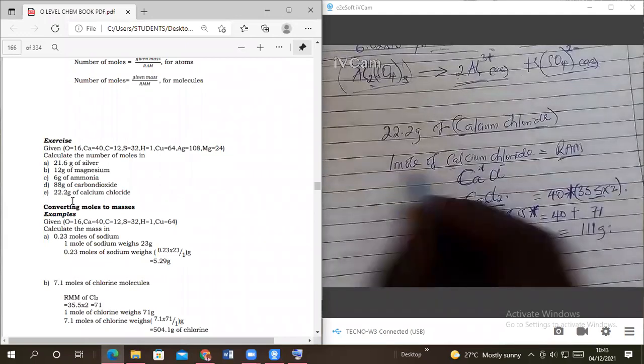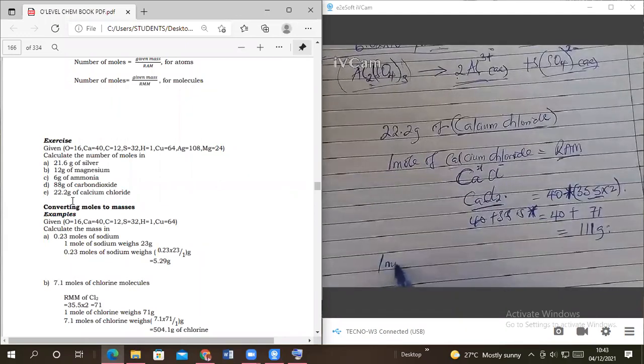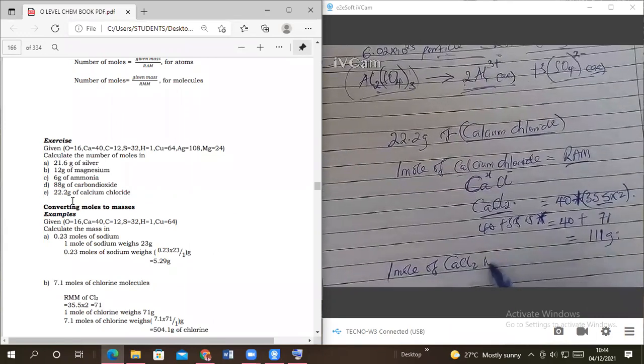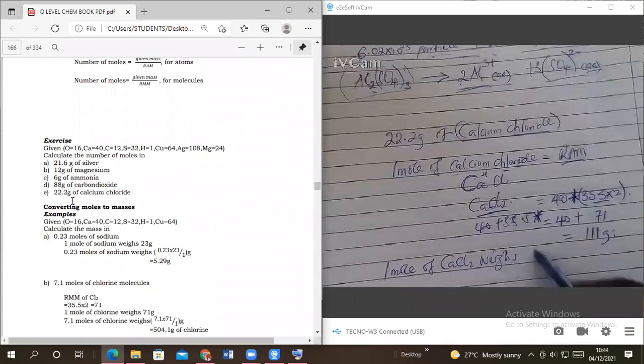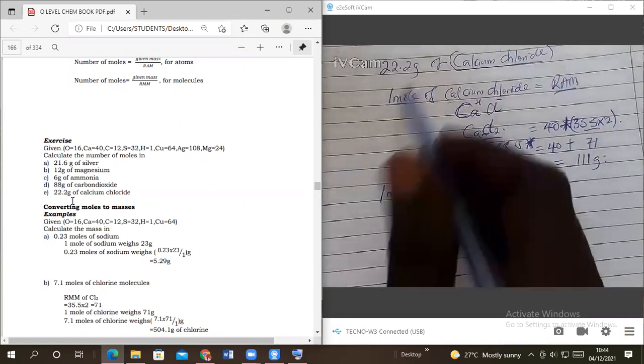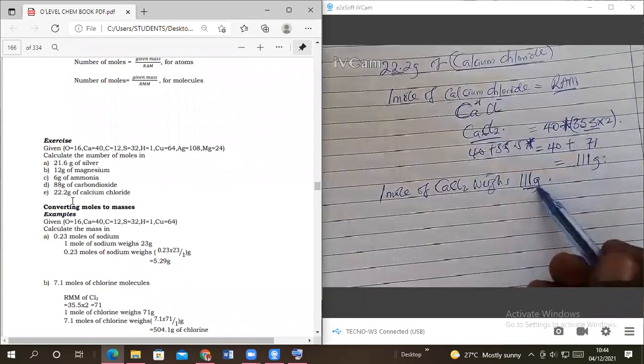Then you say 1 mole of calcium chloride is equal to, or weighs, 111 grams. What about now? They have given you grams in the question, so you write the statement starting with the grams.